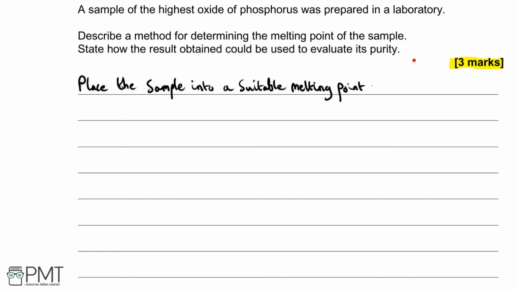But one example is a Thiele tube, spelt THIELE tube. So the first thing to do is to place our sample into the melting point apparatus.